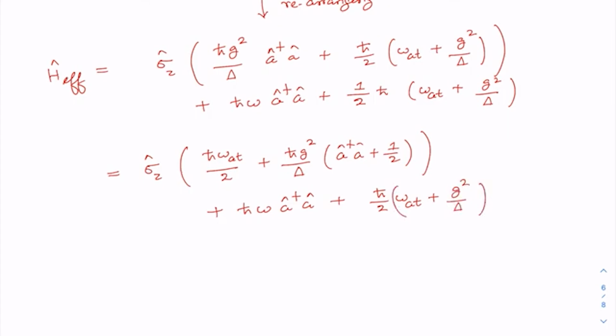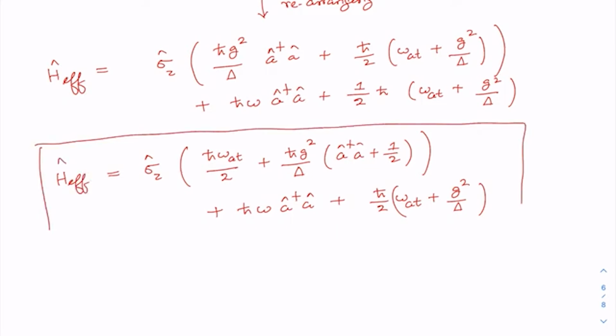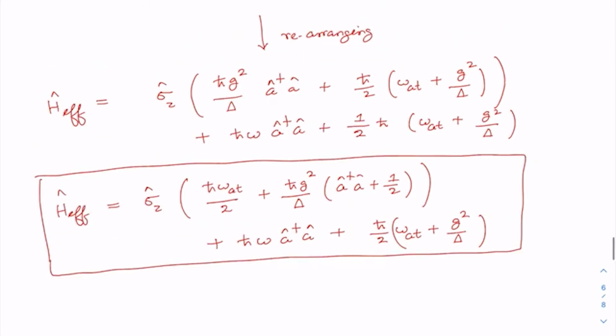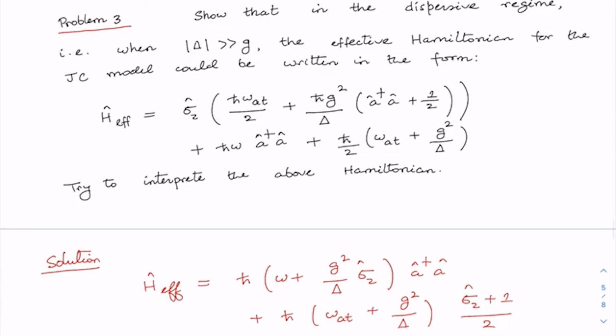In fact, this Hamiltonian is what is asked in the question. This is the required form of the Hamiltonian, as you can see from here.